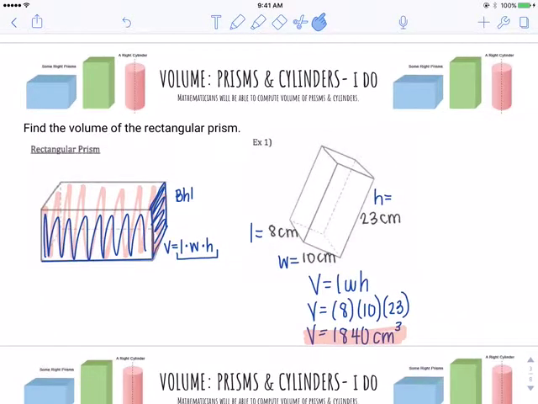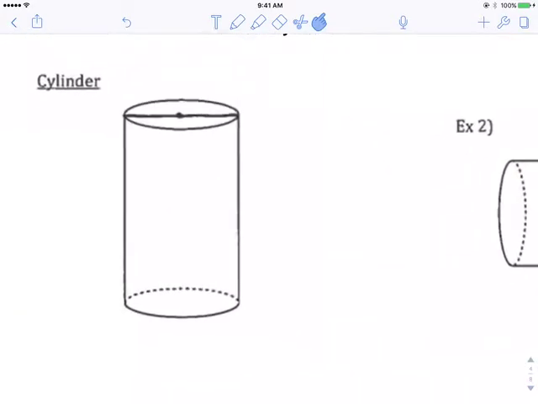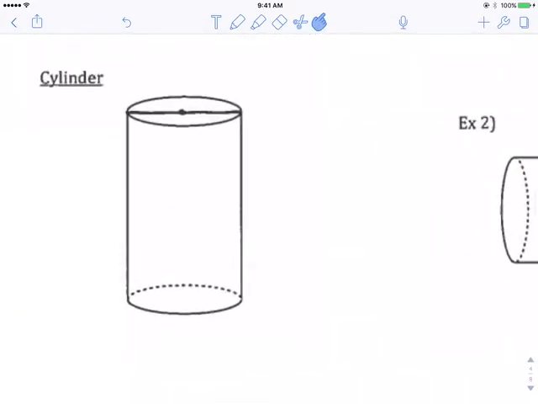So not only are we going to talk about volume of rectangular prisms, we are also going to talk about the volume of a cylinder. So on the next slide, you're going to see a picture of just a plain cylinder. And this also has its own formula. So volume equals pi times the radius squared.